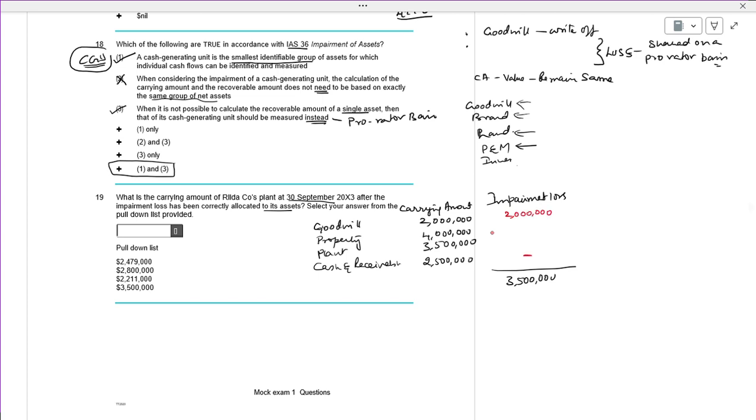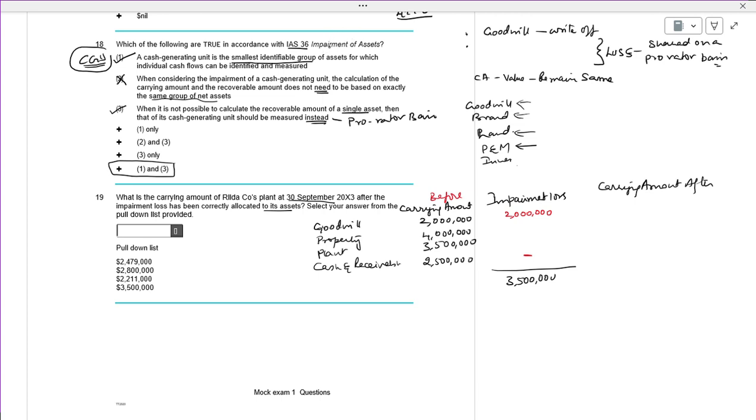Cash will not have any impairment loss. This is the carrying amount before, and this is the carrying amount after.